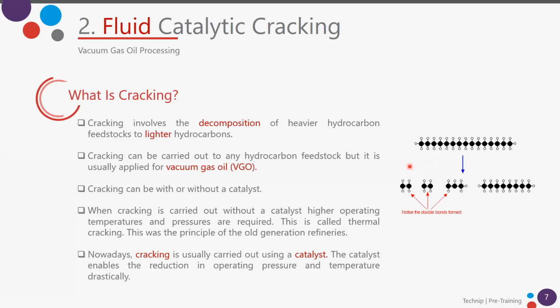When we refer to the cracking without catalyst, we call it thermal cracking because it is mainly due to temperature. And when we use a catalyst, we will say that we are performing a catalytic cracking. Okay.